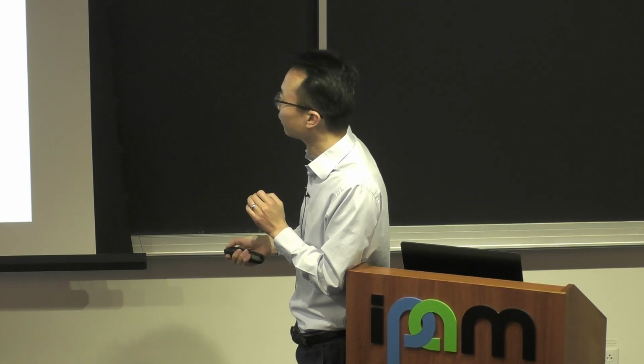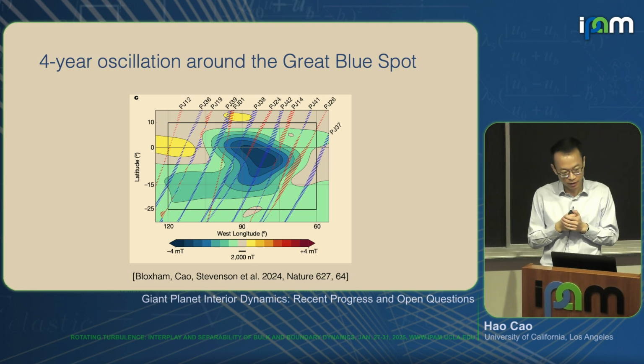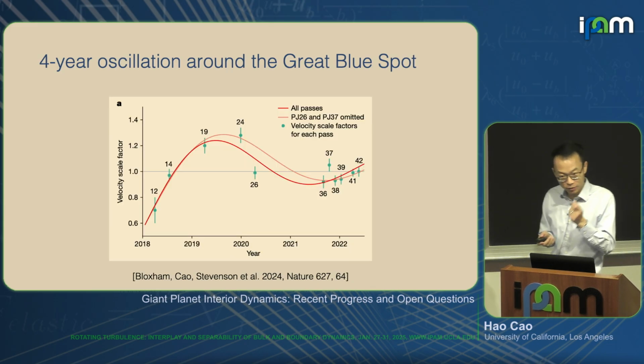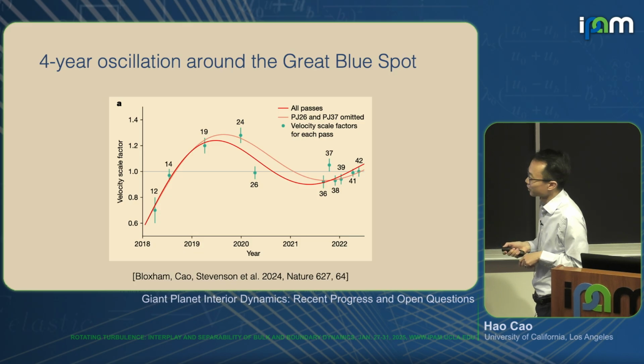So if you look at these targeted flybys around this Great Blue Spot, what we think we've seen is that there seems to be a 4-year oscillation around it.